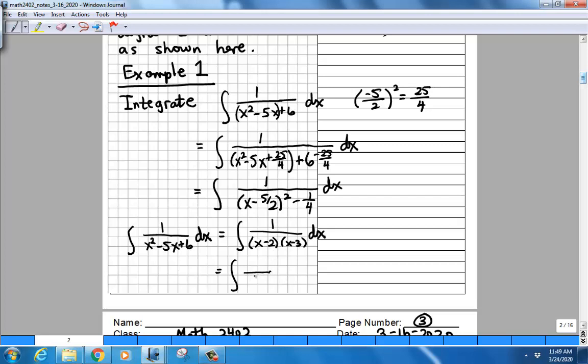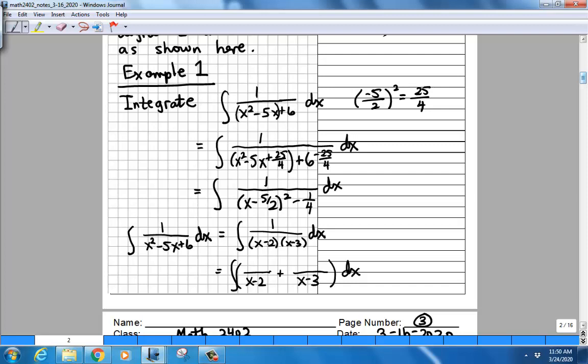One of them with a denominator of x minus 2, and then the second one with a denominator of x minus 3. Now, I think you would agree that when you add two fractions, and one has the denominator x minus 2, and the other has the denominator x minus 3, you would use a common denominator to add them together, correct?